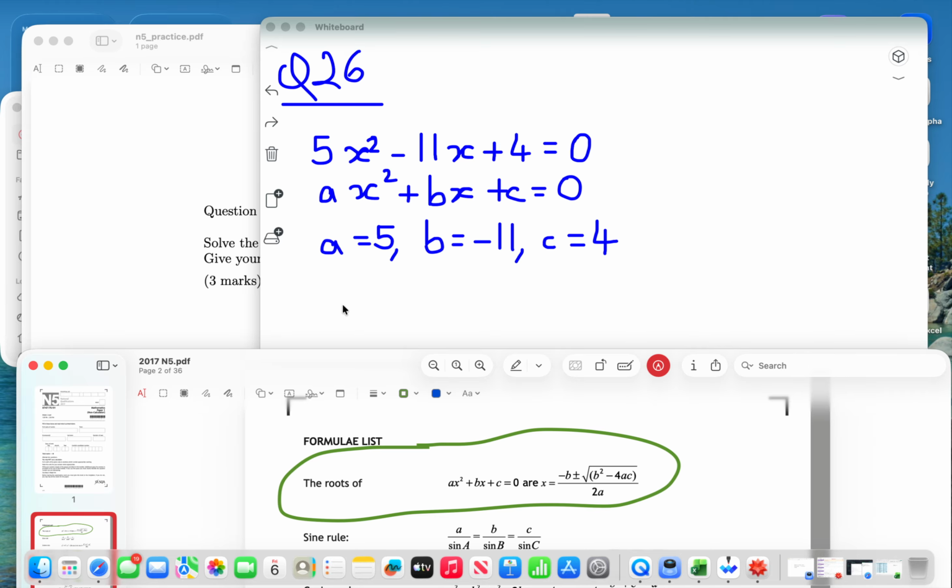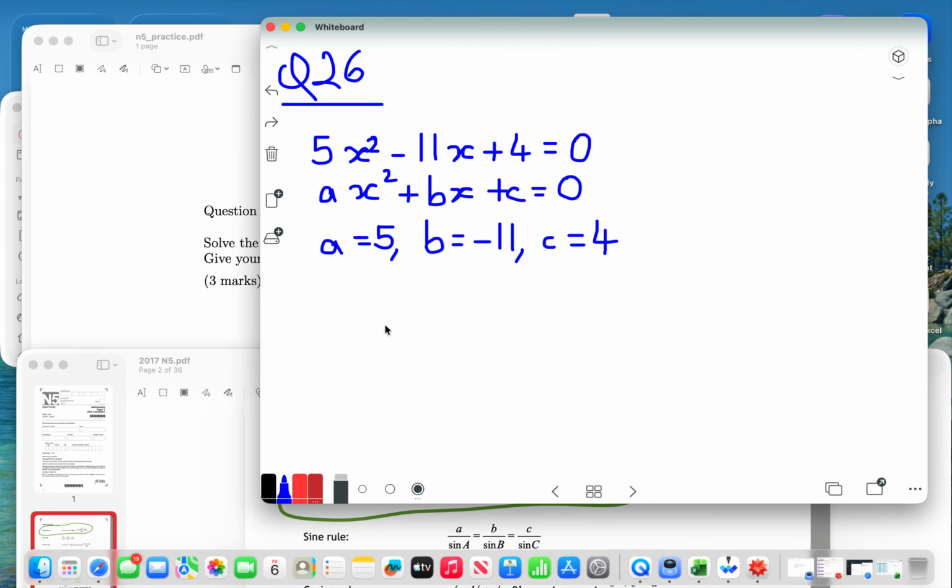I'm going to copy this down. x equals minus b plus or minus the square root of b squared minus 4ac over 2a.